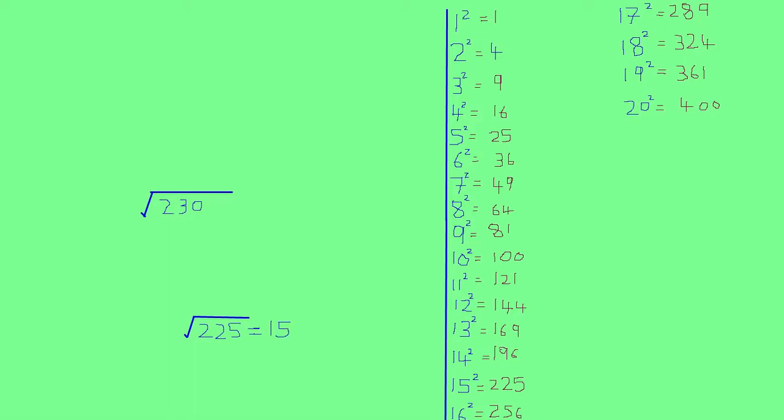So for 230, the whole number is 15. We want to find the numerator now, so we subtract 230 from 225. We got 5. Doubling 15 to get the denominator, we get 30. And we get an answer of 15.17 for the square root of 230.